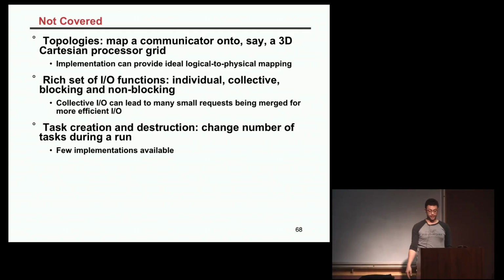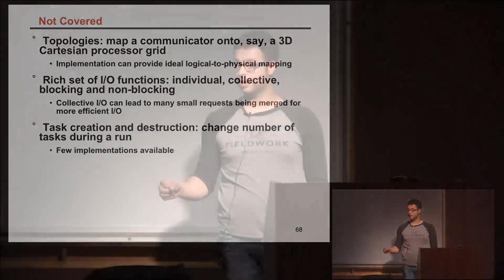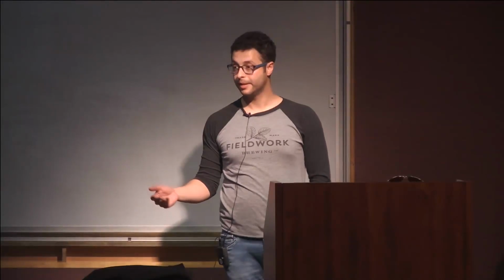What I didn't cover in MPI is all these Cartesian topologies. I didn't cover task creation and dynamic destruction. Almost no good implementation exists for that concept, unfortunately. I/O actually exists. Good MPI I/O exists, and it's much faster than writing individual files.